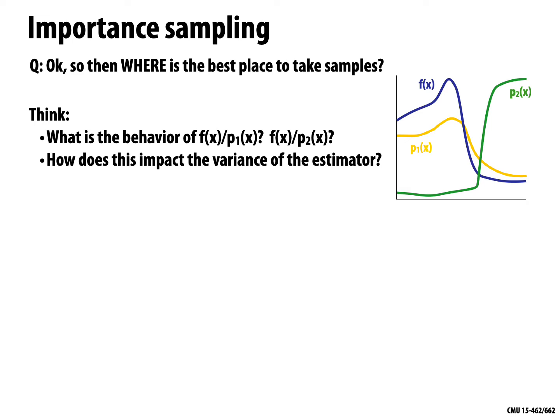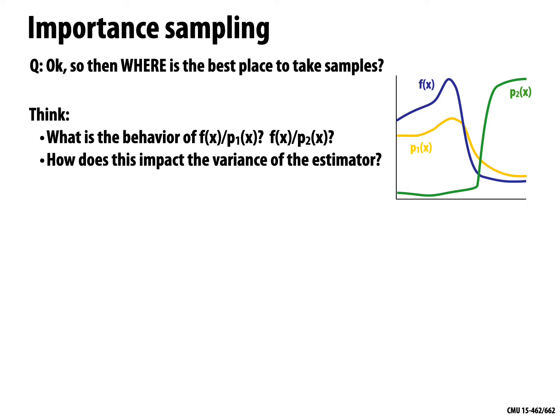Well, one thing we can see from this picture is p1 looks a lot more like f than p2 looks like f, right? And so if we divide f by p1, we're going to get a function that looks relatively uniform. If we divide f by p2, we're going to get a function that looks very different from a uniform distribution, right?